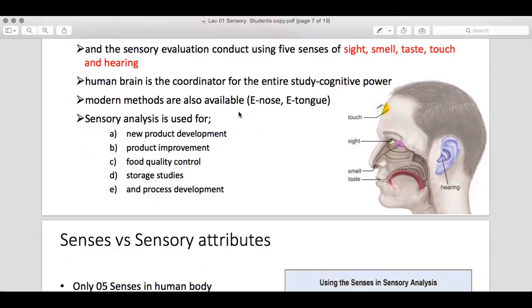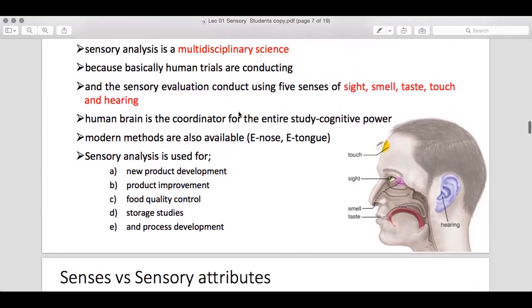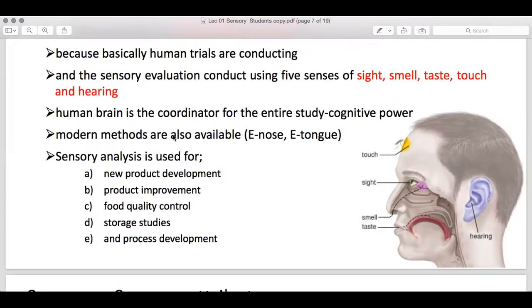And what is the importance of sensory analysis? Right? What are the importances? We are using sensory analysis techniques for new product development. So that is clear. We have to use sensory analysis to determine the final quality of the product, and to measure whether it is acceptable or not.